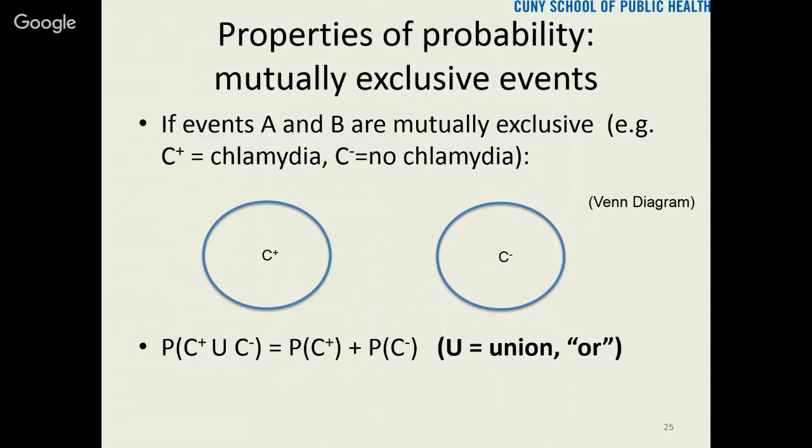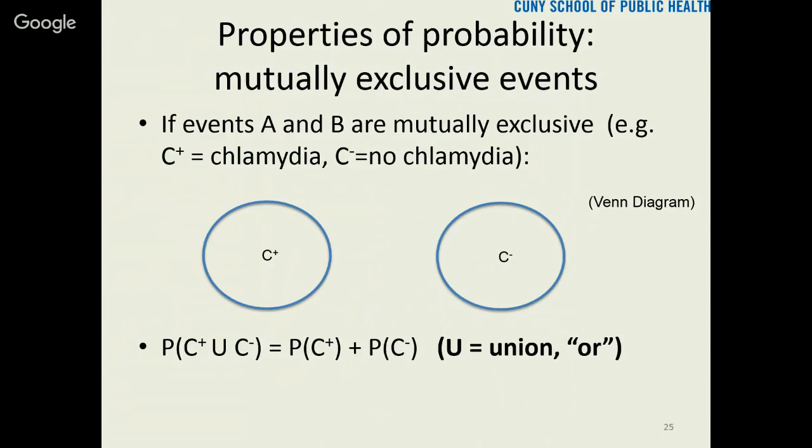I'm not sure I'm following, but let me explain a little bit more. The probability of the union of these two events, so the probability of either having chlamydia or not having chlamydia, is just the sum of those two events. If they were not mutually exclusive, there would be overlap here, and that probability would be less than what we write here because of that overlap.